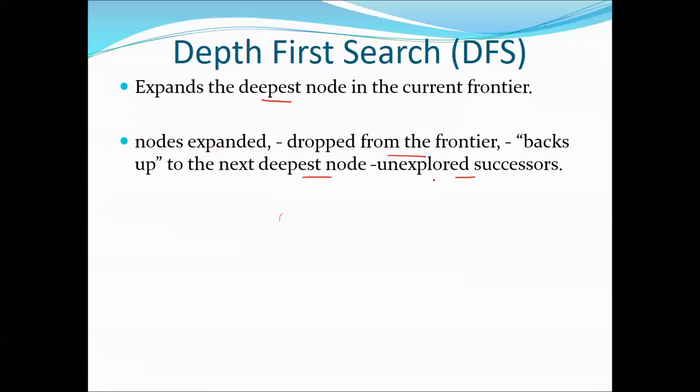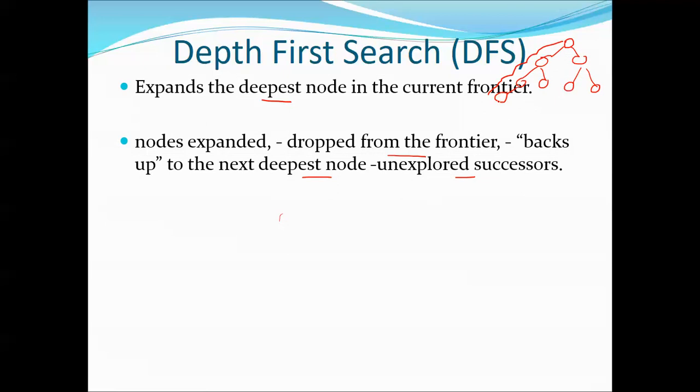So the concept of the depth first search algorithm is the same as what we have discussed in data structures. If you have a graph or tree, something like this, then first it explores depth wise. After expanding a node, let us assume it checks for the goal state. It expands.